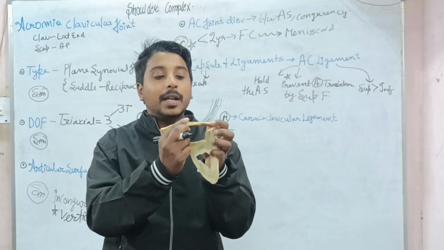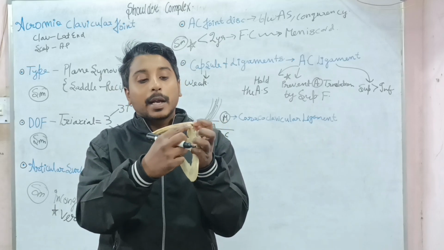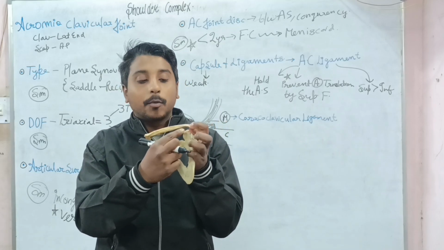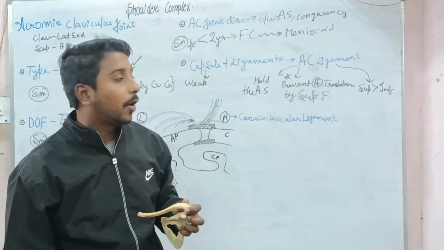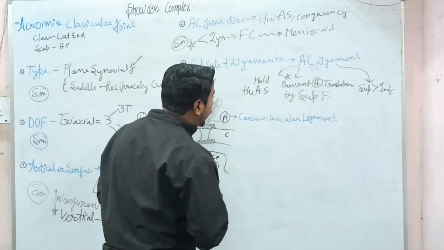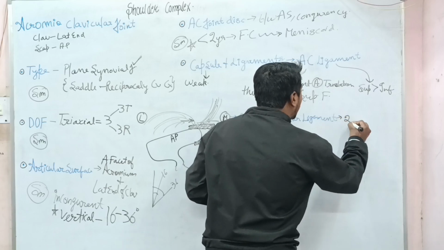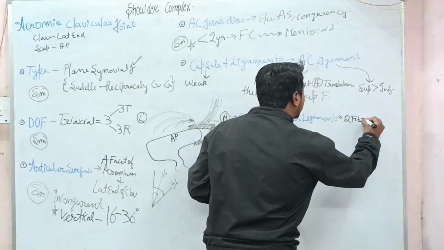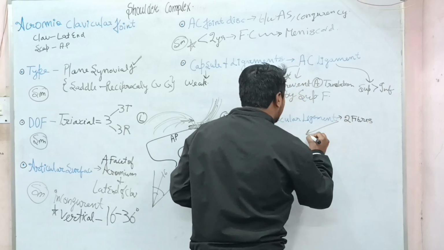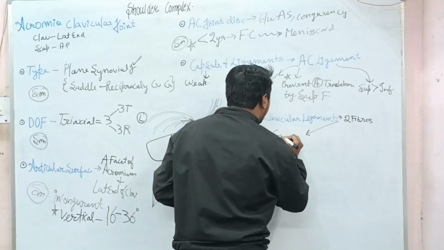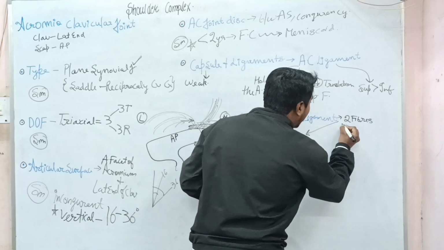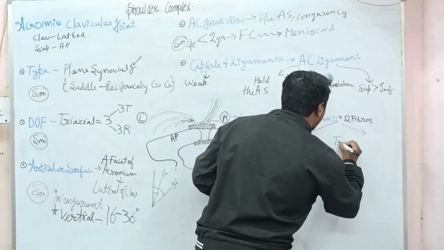This ligament moves from the coracoid process of the scapula to the lateral end of the clavicle. Also, it has two fibers. First one is conoid, second one is trapezoid.